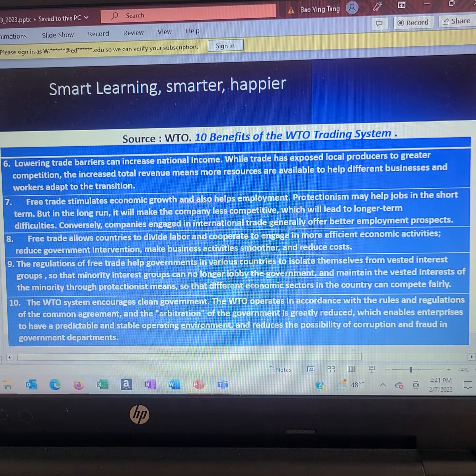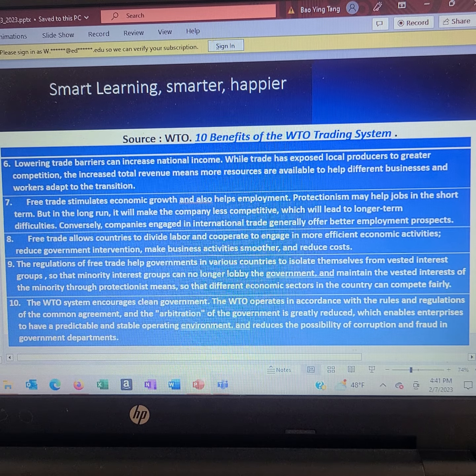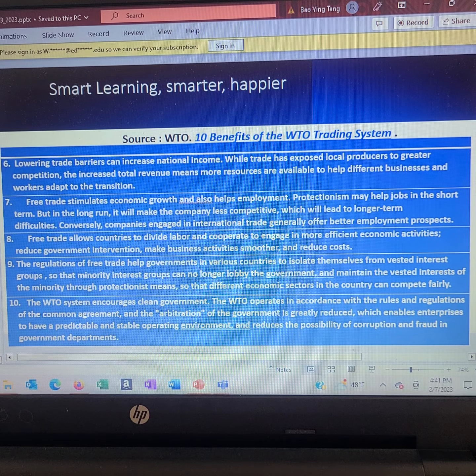Ninth, the regulation of free trade helps governments in various countries to isolate themselves from special interest groups, so that minority interest groups can no longer lobby the government and maintain their own interests through protectionist means, so that different economic sectors in the country can compete fairly.